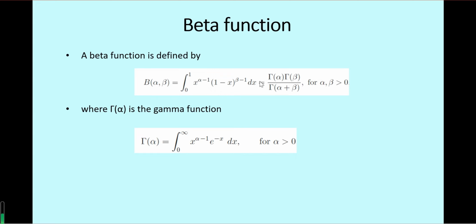This formula also equals gamma alpha times gamma beta divided by gamma of alpha plus beta, where gamma is the gamma function. Gamma alpha is the integration from 0 to positive infinity of x to the power alpha minus 1 times e to the power minus x.